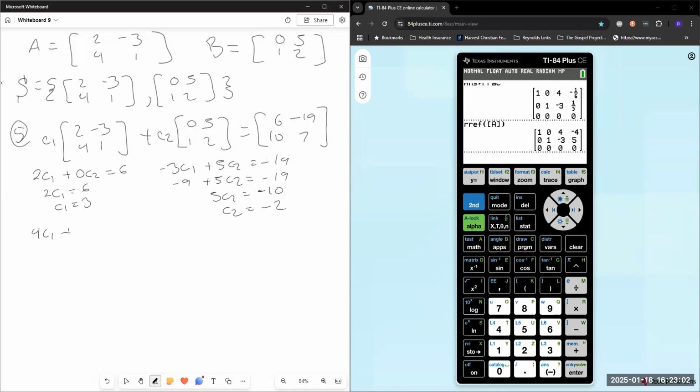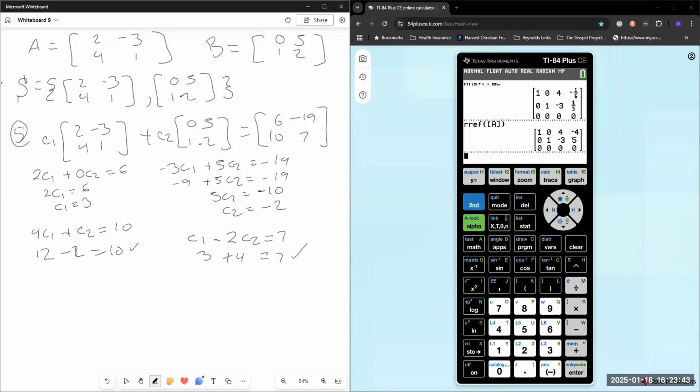4C1 plus C2 equals 10. 4 times 3 is 12, minus 2 is 10. That works. And C1 plus 2C2 equals 7. 3, and this is a negative, so minus a -2... that's +4, equals 7, and that does work.